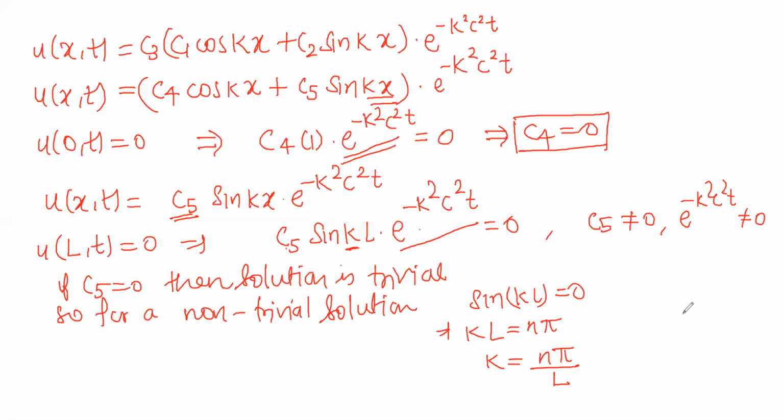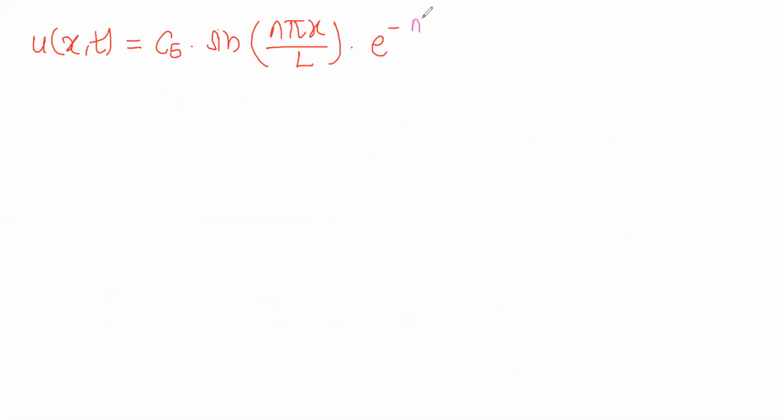Yeah, so I get here e power minus n square pi square upon l square c square t. Okay, so it will become e power minus n square pi square c square upon l square t. Okay, this is what I found.